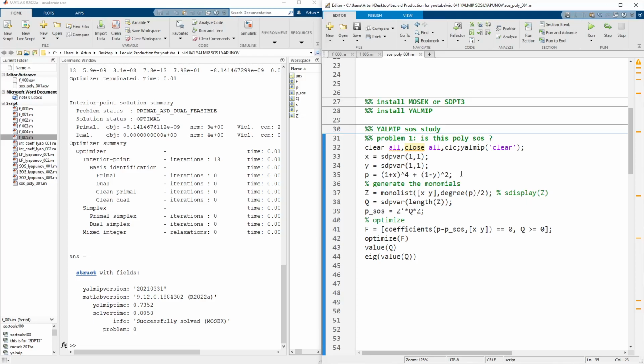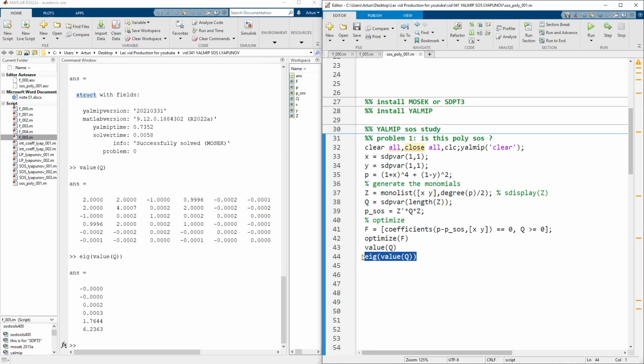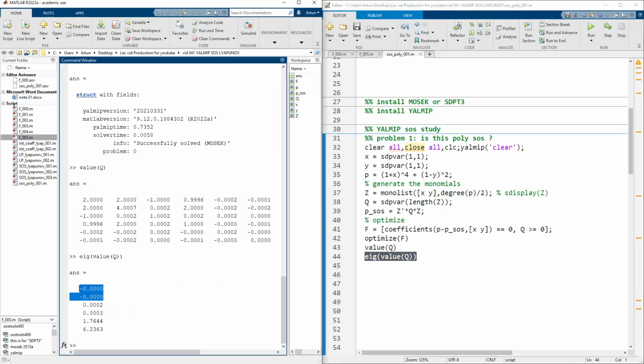Alright, let's look at the Q matrix. Q matrix is this, and we can look at the eigenvalues. Again, by the way, this can happen, but it's again 0. That's a numerical issue, but at the end these are zeros.